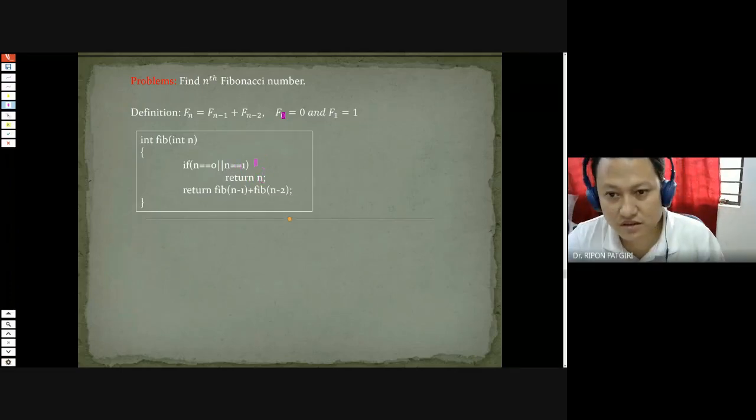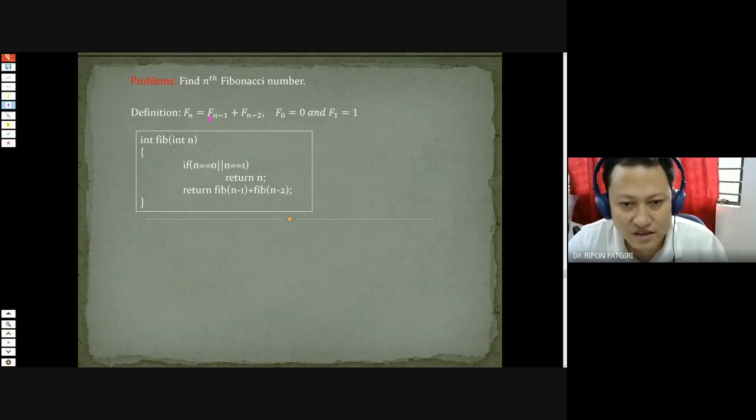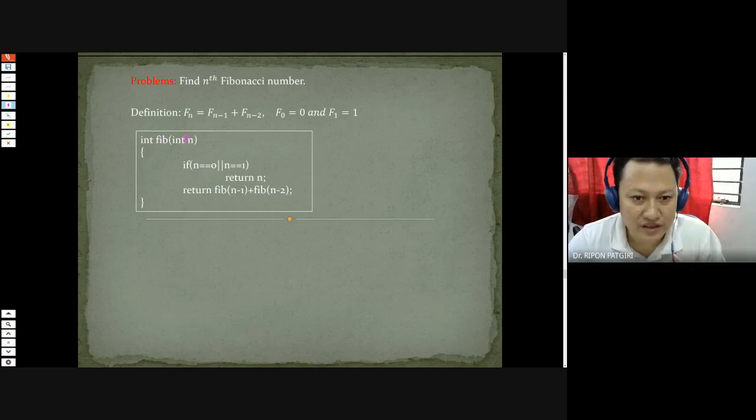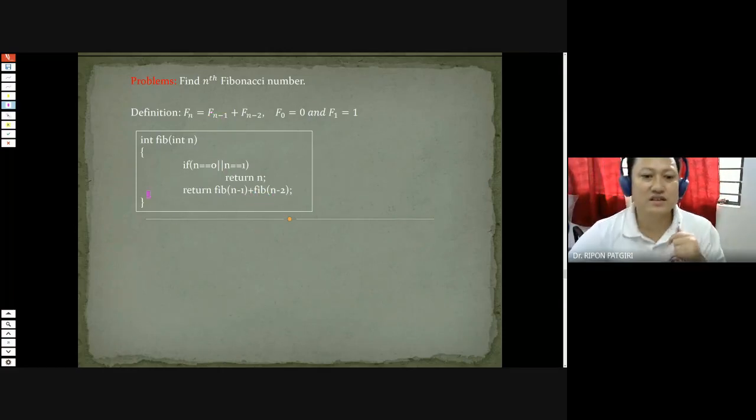This is my first condition. And then the formula: what is the mathematical definition to find Fn? Fibonacci of n minus 1 plus Fibonacci of n minus 2. This is the natural definition of the Fibonacci number.